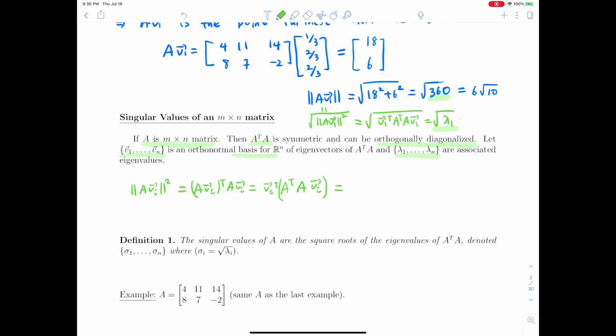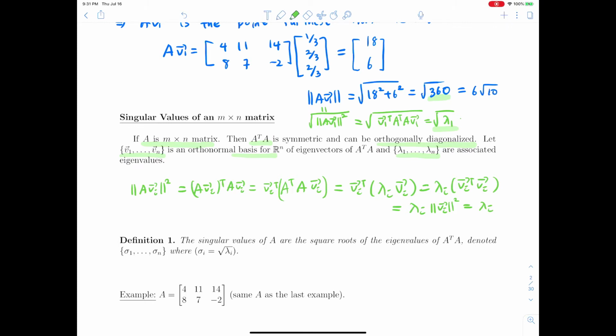Then because Vi's are eigenvectors for A transpose times A, we get Vi transpose lambda sub i times Vi. Or if you factor out lambda sub i, then this gives you Vi transpose times Vi, or this equals lambda sub i times the magnitude of Vi squared. But because Vi's are unit vectors, we get lambda sub i as the answer.